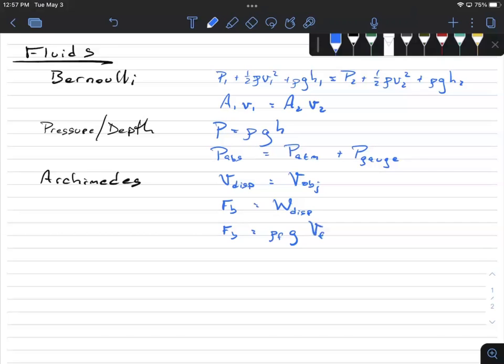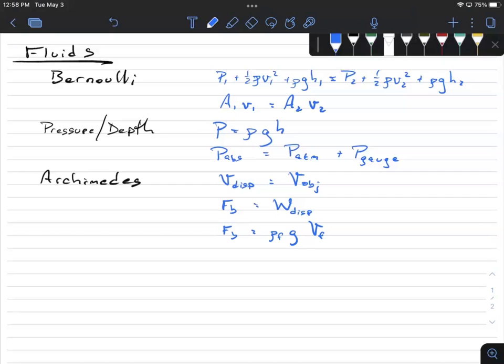You want to know how much that amount of water weighs? Well, take the density of water times how much water you moved, that's the volume of the water, and multiply by g. And that gives you the weight of the water displaced. So you just rewrote it by saying weight is equal to rho g V. That's it.